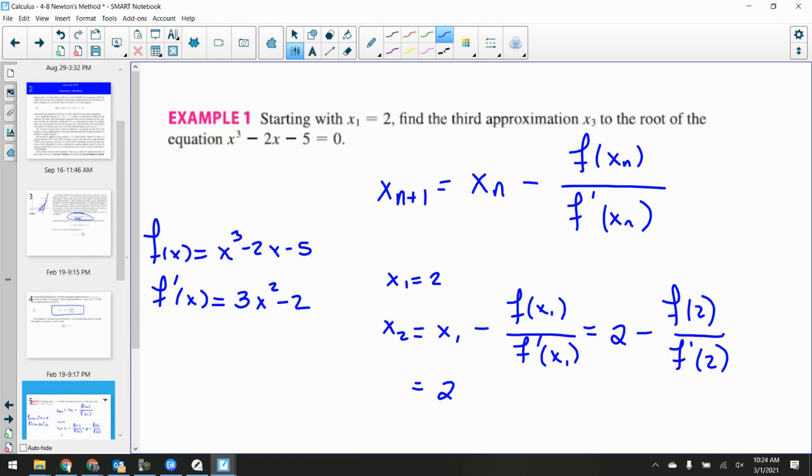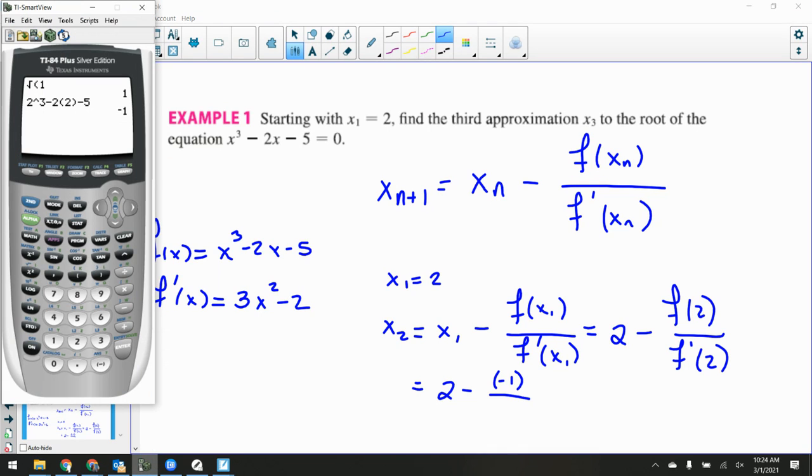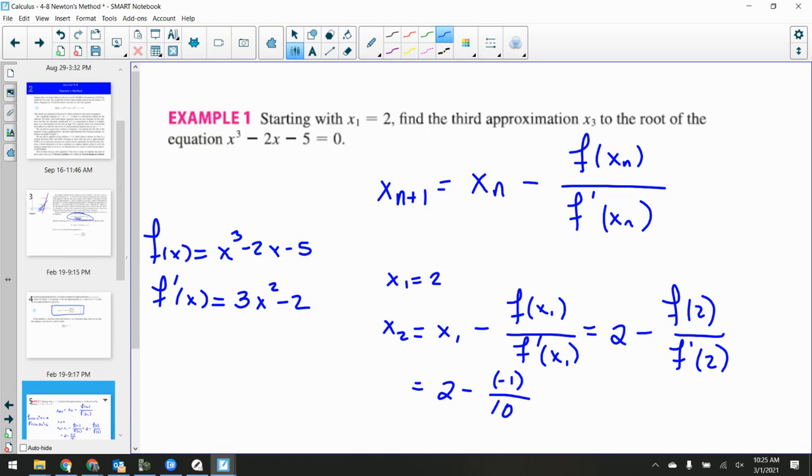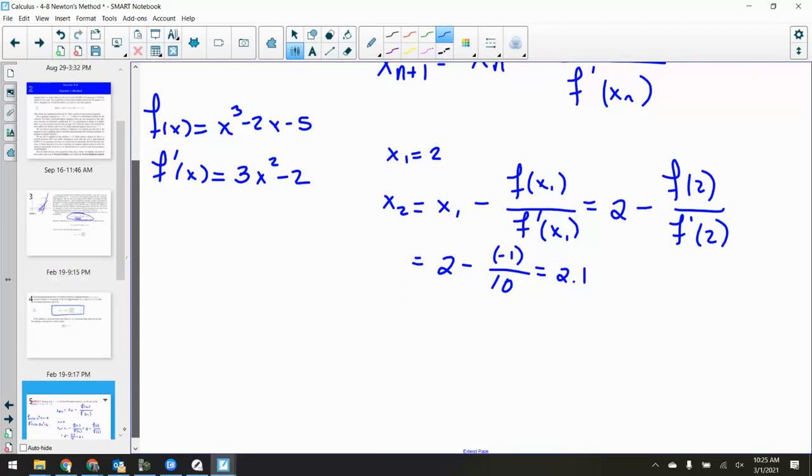So that's going to be 2 minus a negative 1 divided by f prime of 2, which is 3 times 2 squared minus 2, that's 10. Okay, so this is going to be 2 plus 1/10, so 2.1. So x2 is 2.1.